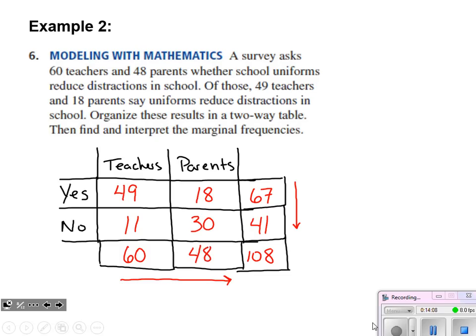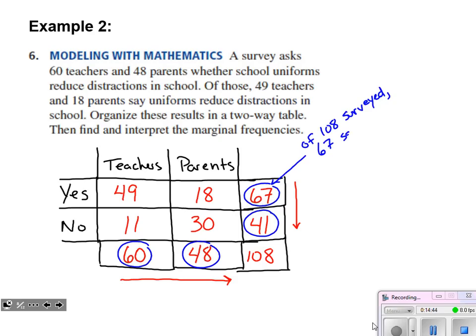Now we need to find and interpret the marginal frequencies. It does not say relative, so I don't need to do any division here, but my marginal frequencies are these totals. All right, so this marginal frequency says that of the 108 people surveyed, 67 said yes.